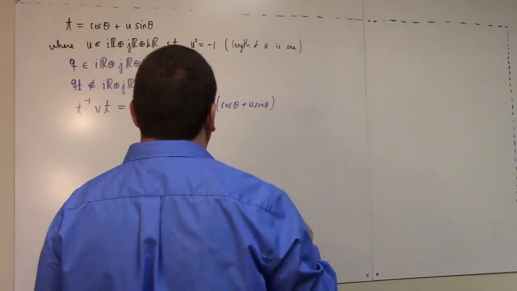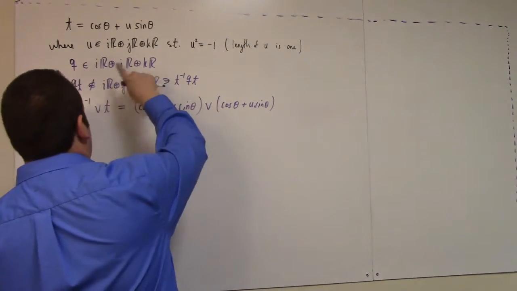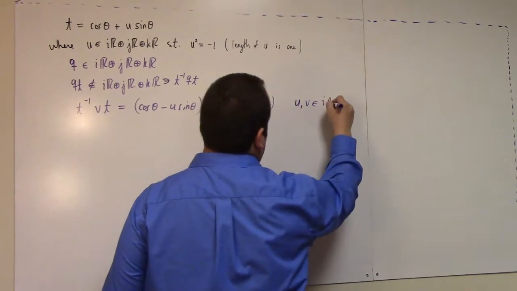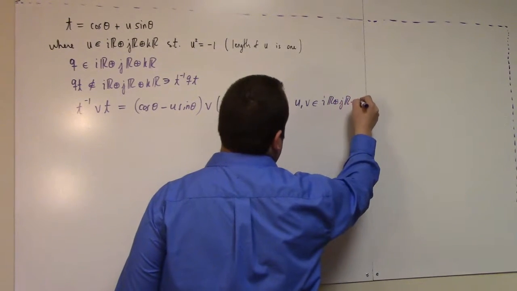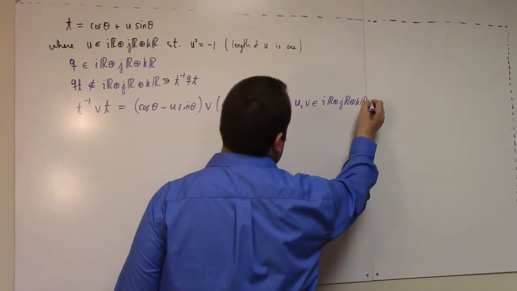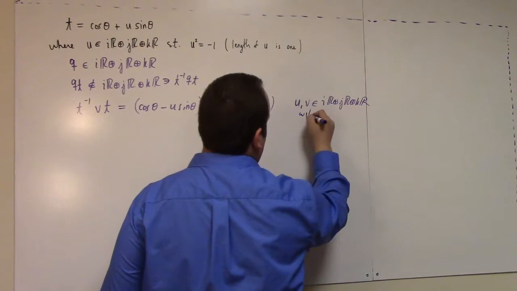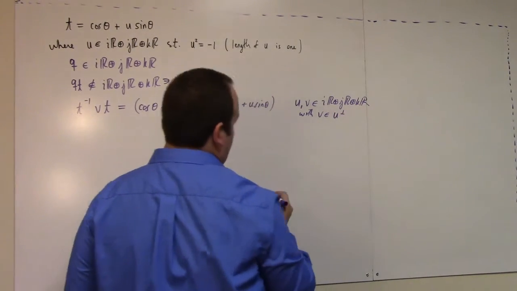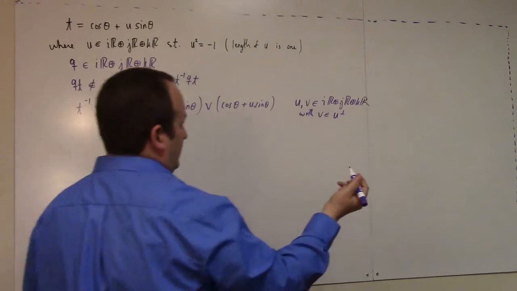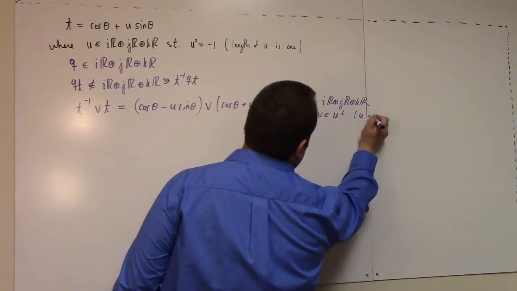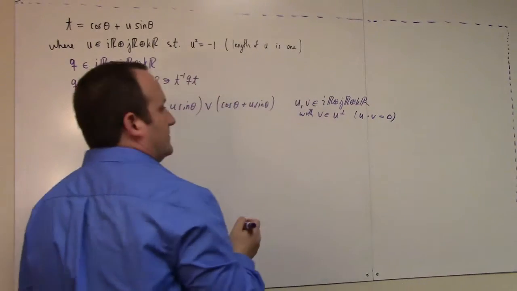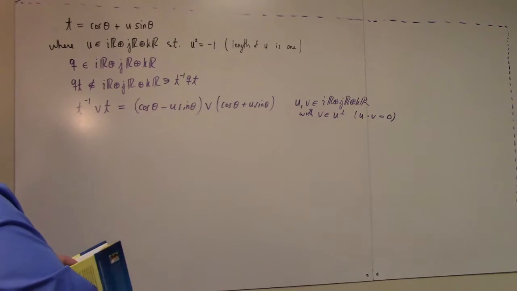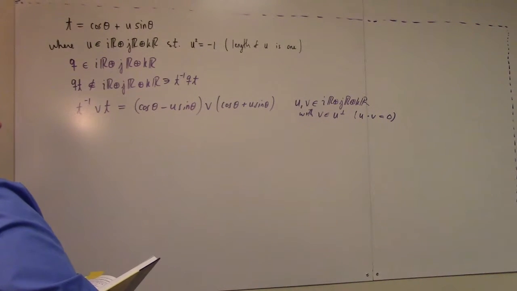So both U and V are inside this space, with V an element of the perp of U. So if U were I, then V could be J or K or any linear combination of those, with any coefficients.